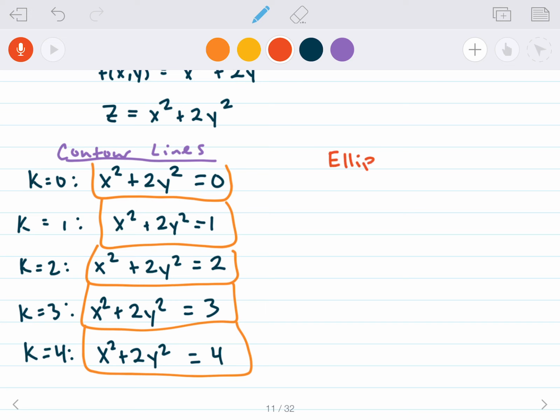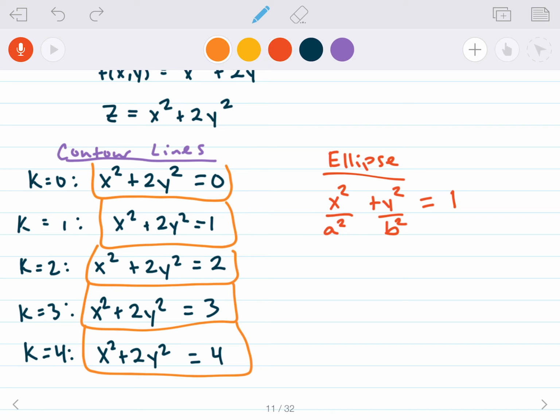What I want you guys to keep in mind is the general formula for an ellipse. Remember, oval. We have x squared over a squared plus y squared over b squared equals 1. So this kind of looks like that, right? All of these contour lines sort of look like that.